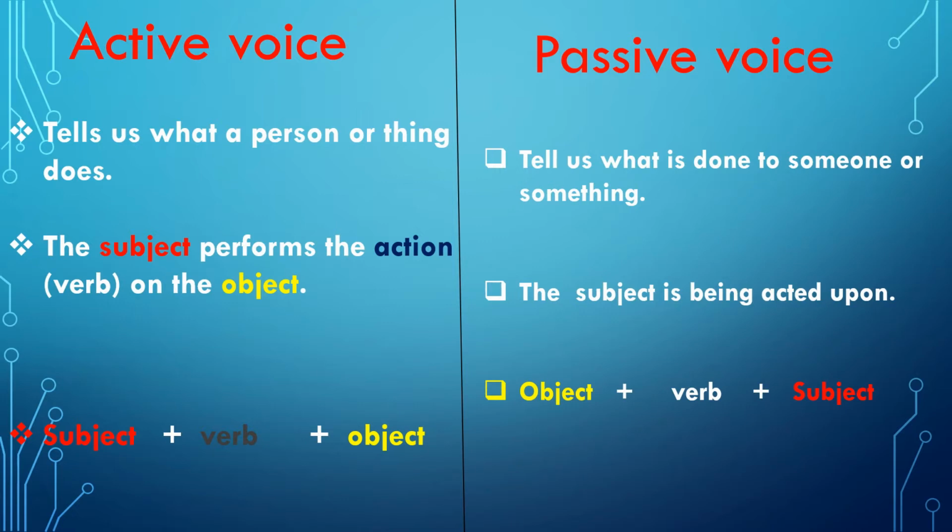The passive voice tells us what is done to someone or something. The subject is being acted upon. The structure of passive voice: object, verb, subject. So these are the rules when we use active voice and passive voice, which is very important, children, to us.